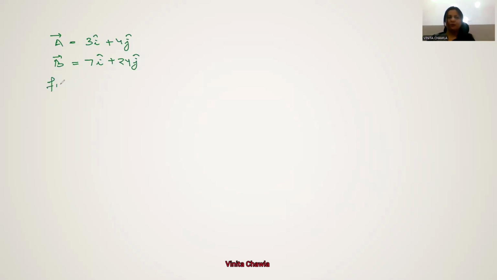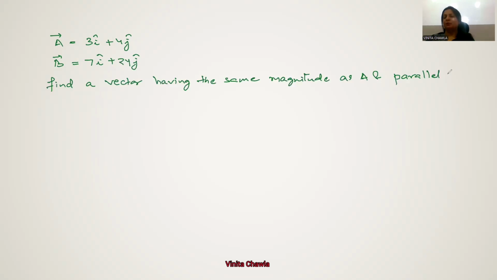Find a vector having the same magnitude as A and parallel to B.